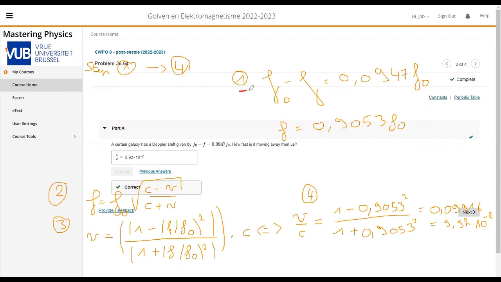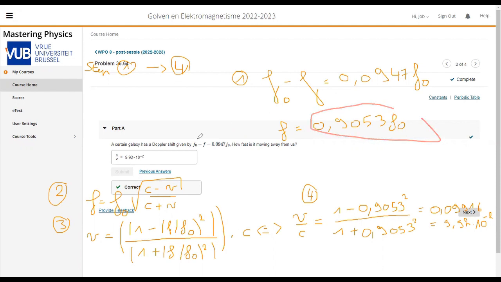First step, you have to know what this is, and we are already given this equation. So just do the equation to find this f. Basically, it's f0 minus 0.0947 f0, and you will have this as a result.